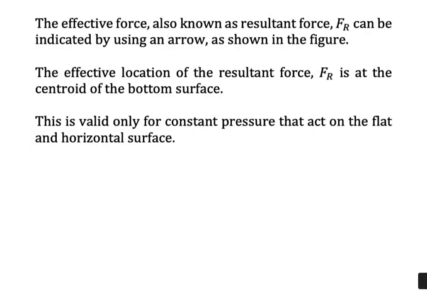The effective force, also known as the resultant force, Fr, can be indicated by using an arrow as shown in the figure. The effective location of the resultant force Fr is at the centroid of the bottom surface. This is valid only for constant pressure that acts on a flat and horizontal surface.